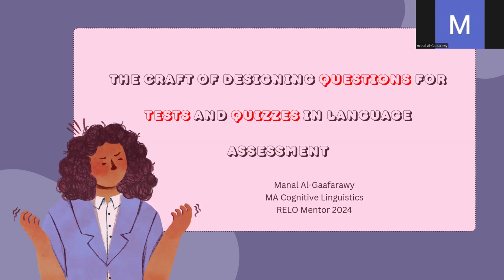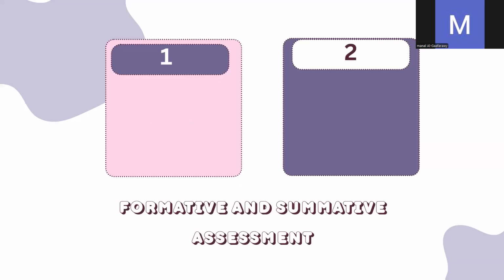quizzes in language assessment. Okay, so in today's session, I'll be focusing on the answer of two main questions. The first question is, what are the criteria of building an effective test or quiz? And what is the relationship between question types and Bloom's taxonomy, or the cognitive levels of Bloom's taxonomy?